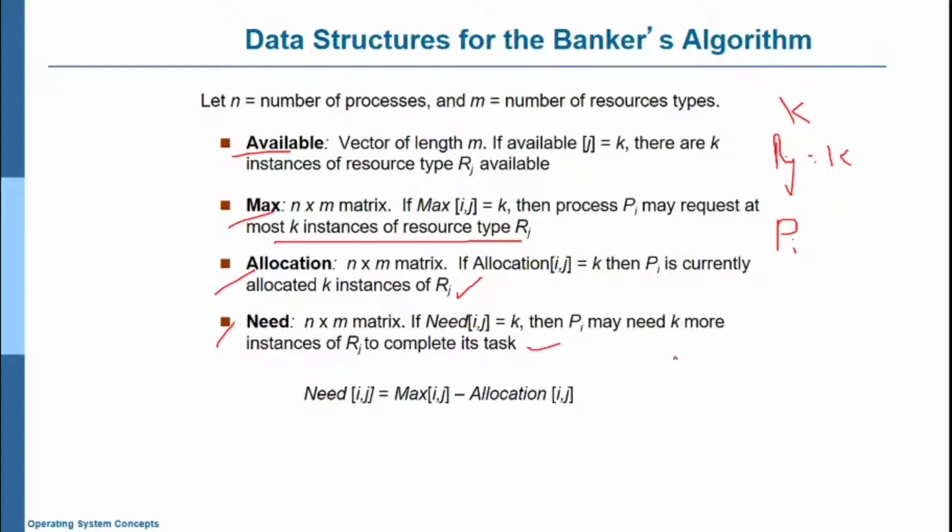If the available resources are not sufficient, then Pi may request k more instances of resource type Rj. Need[i][j] is equal to Max[i][j] minus Allocation[i][j]. So Need cannot exceed the Maximum.